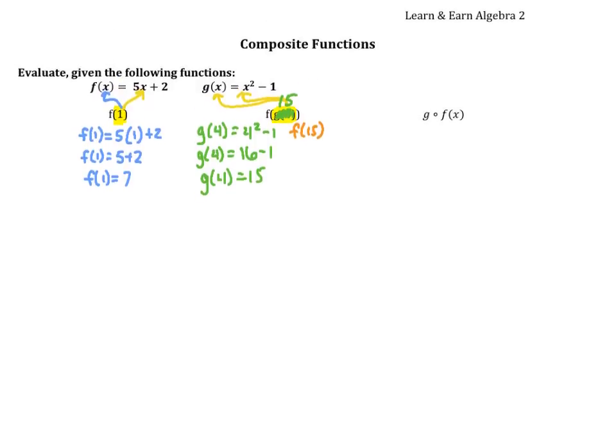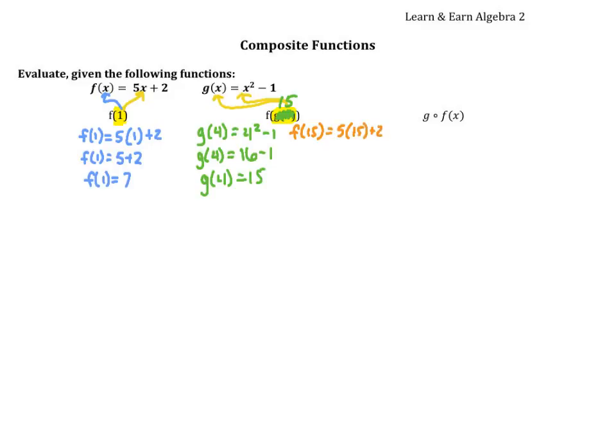So that's going to be f of 15 equals 5 times 15 plus 2. So f of 15 equals 5 times 15, which is 75, plus 2, and f of 15 equals 77.